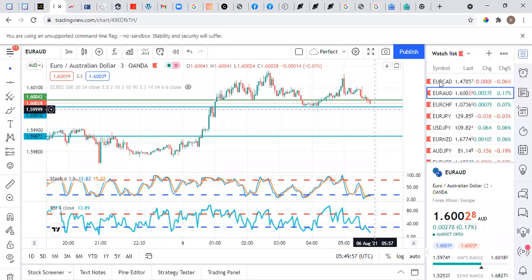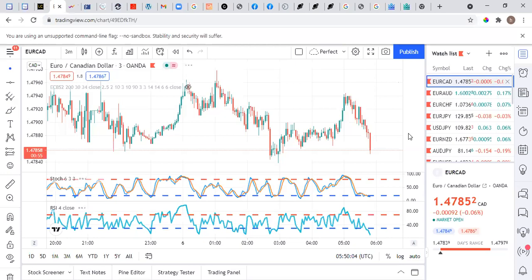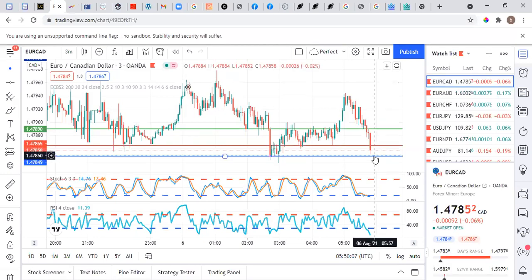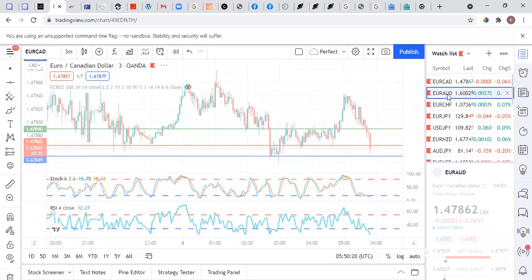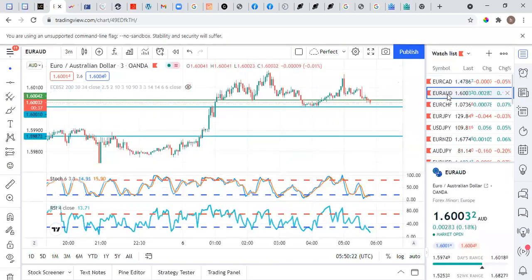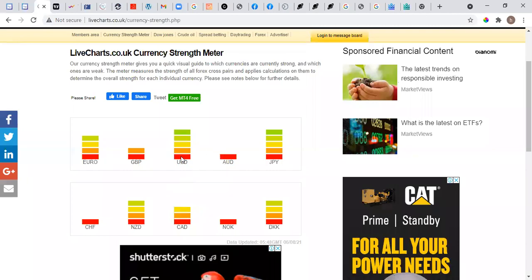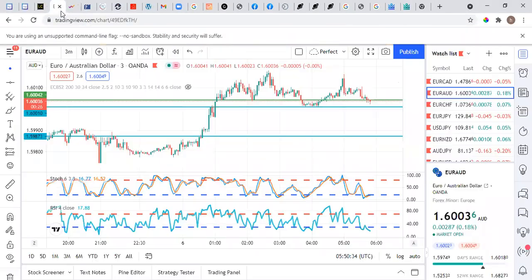I was looking at Eurocard. Let me see Eurocard. Okay, it's the Eurocard again. Can you see? So this blue area is still a good area to buy for Eurocard. It's kissed that area. And because it has gained strength, you want to look for it. But Eurohold is still good, though it has not yet gotten there. So Eurohold is still good. Okay, Eurohold is still good at 0.10. Yeah, we're on Eurohold. It's still good at 0.10.